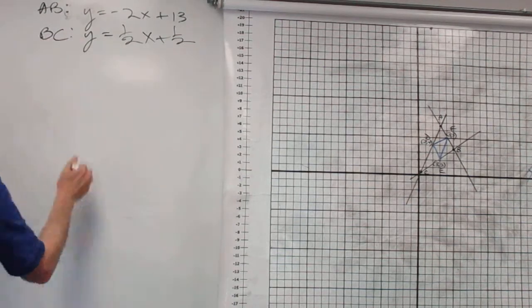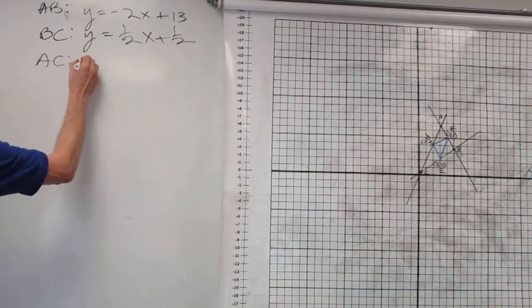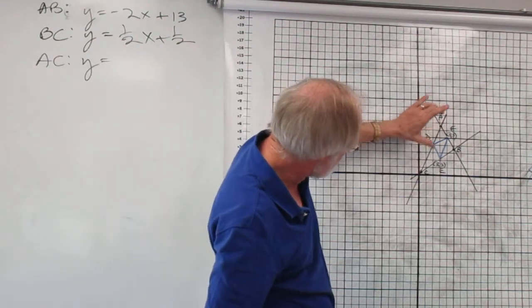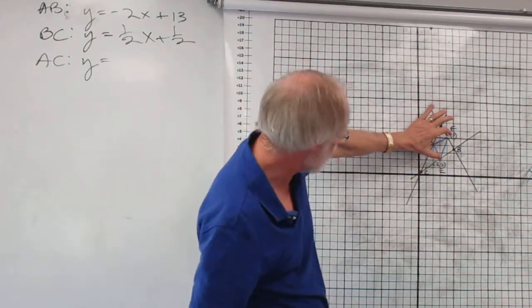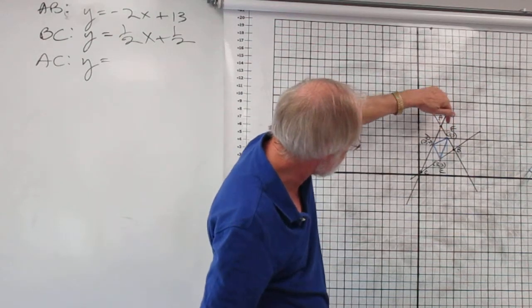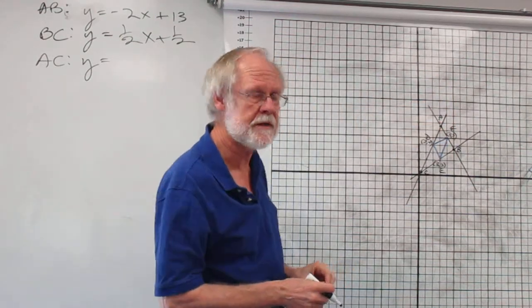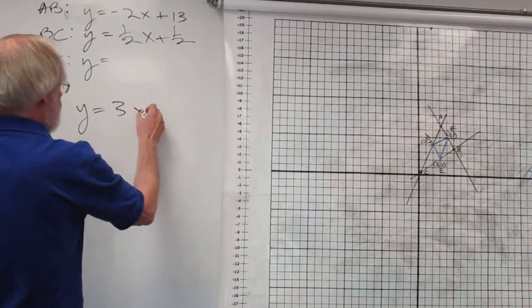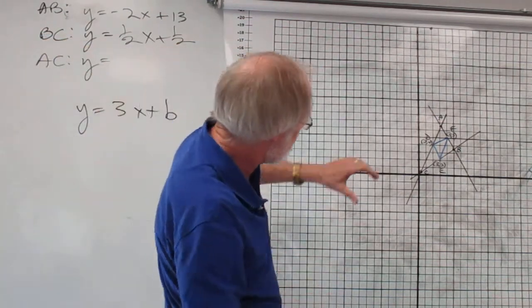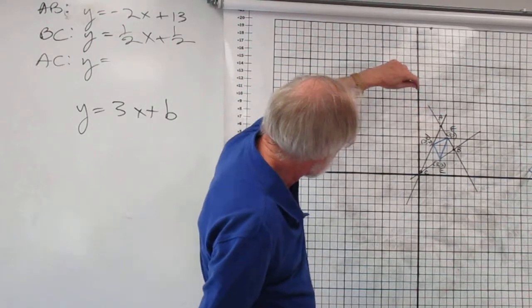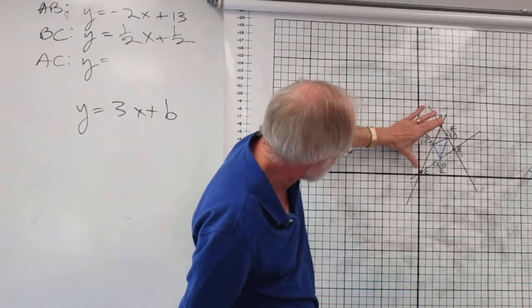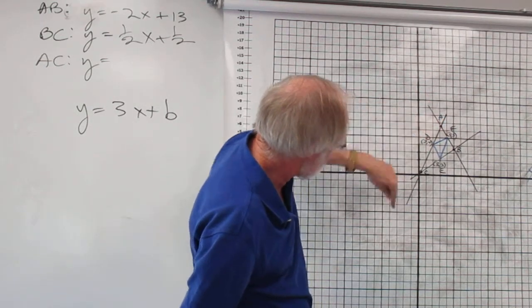Now the third one that we don't have yet is AC. AC is over here, so we have to look to this slope right here, which is 5 minus 2 is 3 over 4 minus 3 is 1. That's a slope of 3. So y equals 3x plus b, and in order to find that, I have to look at this point here, (2, 4), which is a point on line AC.